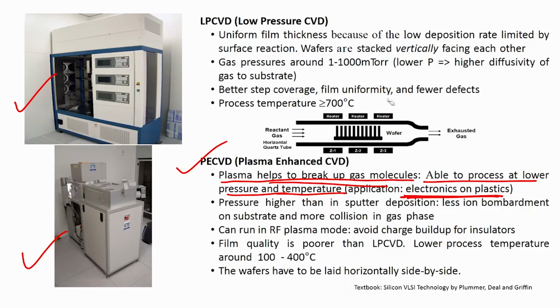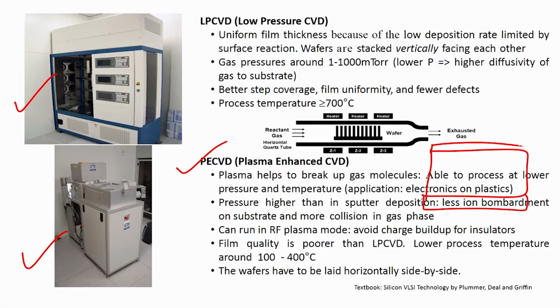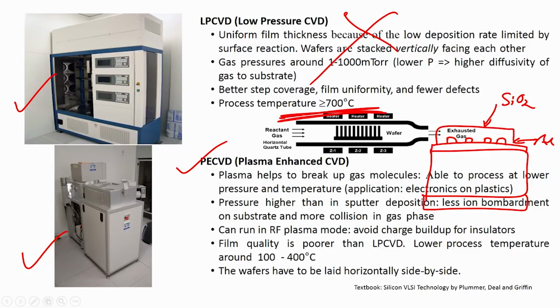Another example that I gave when I was teaching you about gas sensors: suppose you have an oxidized silicon substrate with an aluminum pattern, and on this you want to grow silicon dioxide. Then you cannot use LPCVD because the temperature is greater than 700 degree centigrade, but we can use PECVD because the temperature is low.